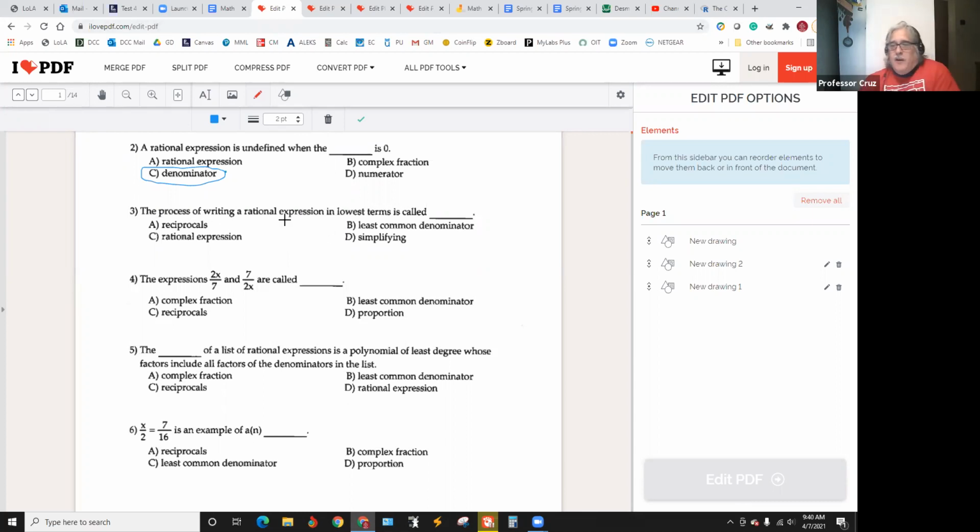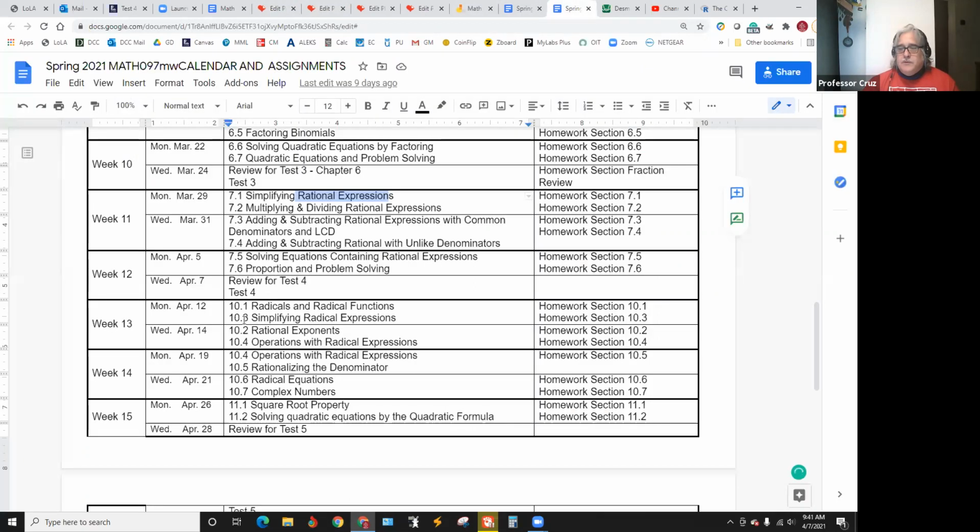So the process of writing a rational expression in lowest terms is called, well, it's the title right there. See that word? Simplifying. All right.